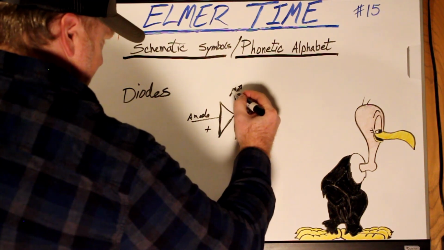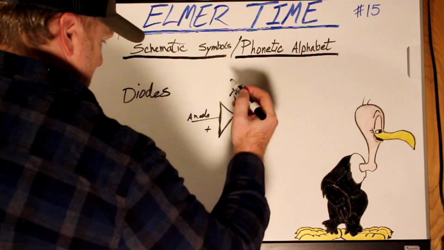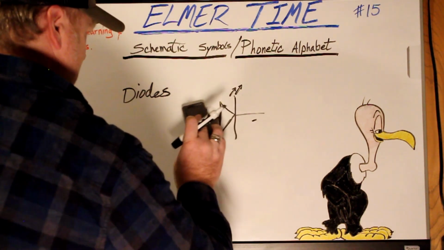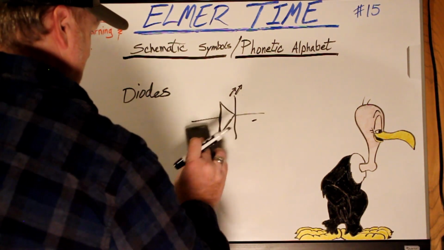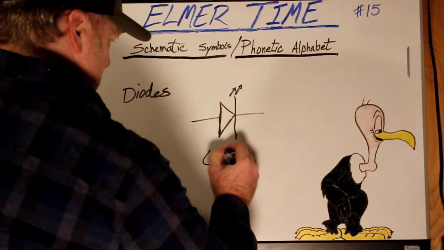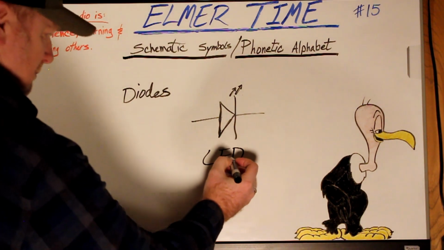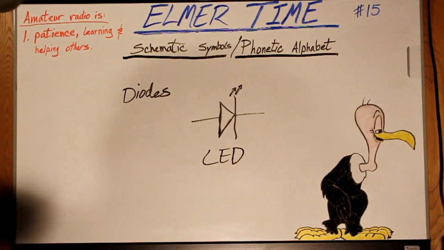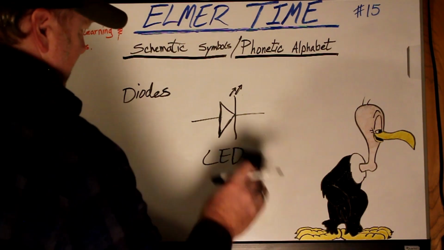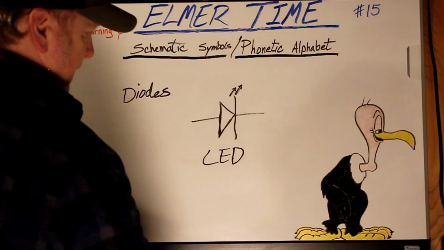You didn't know the symbol for it. It's this one. This is the symbol for an LED, a light emitting diode. Used in a ton of stuff. And that's the schematic symbol for a light emitting diode.